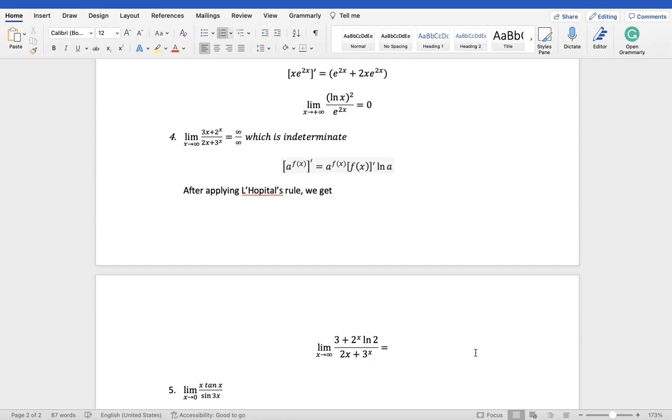Okay. So what we did was we're trying to find the derivative of this numerator here in the original function, because we're applying L'Hopital's rule. So the derivative of 3x is just 3. I'm sure you get that part. Now the derivative of 2 to the x, I said we would apply this formula here.